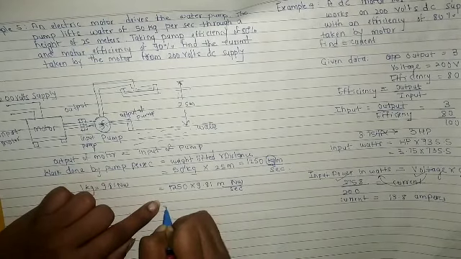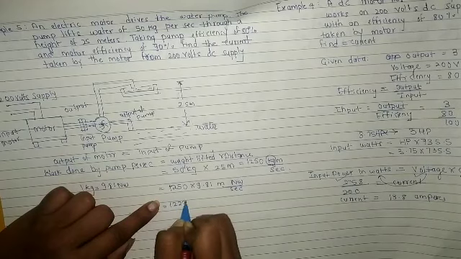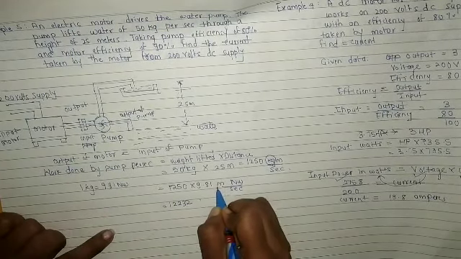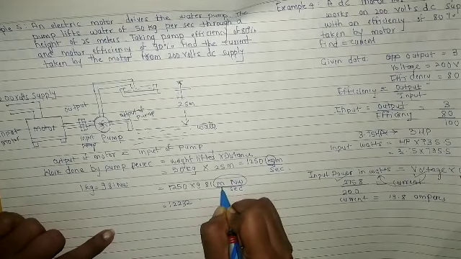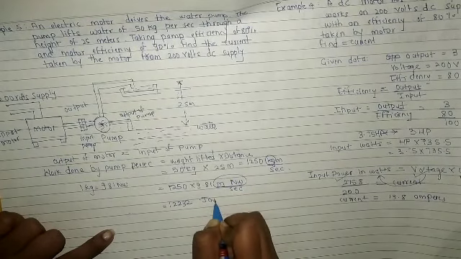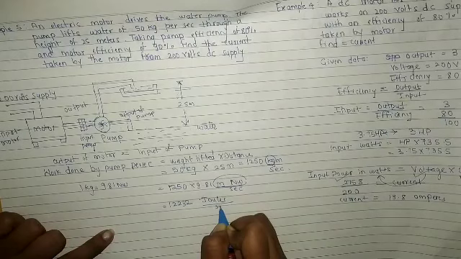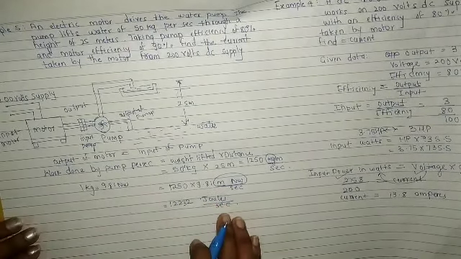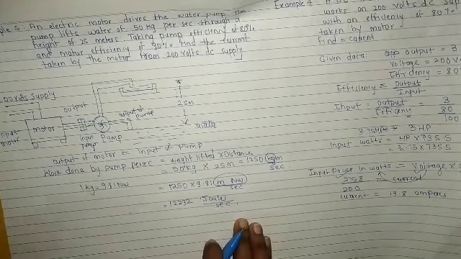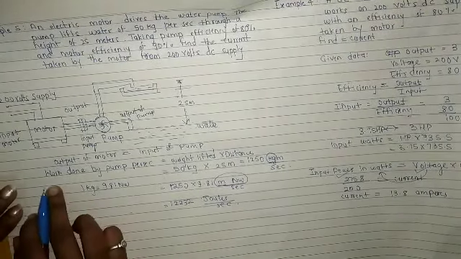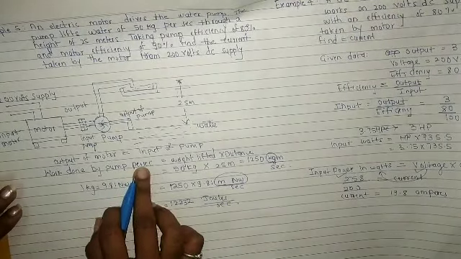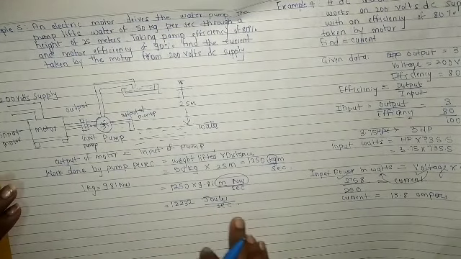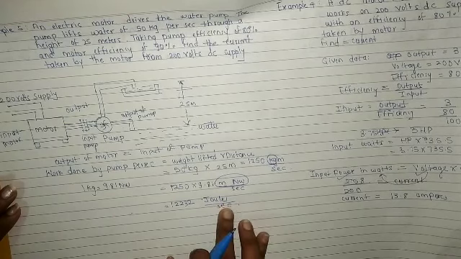So our answer is 12232. Now here Newton meter is equal to joules per second. So this is our work done by the pump per second, that is joule per second. We have converted it into joule per second.